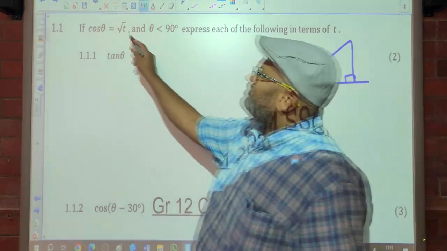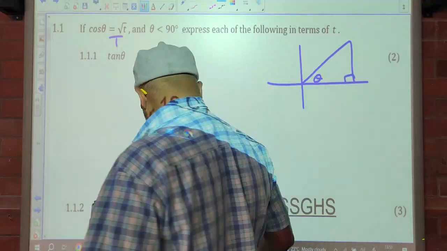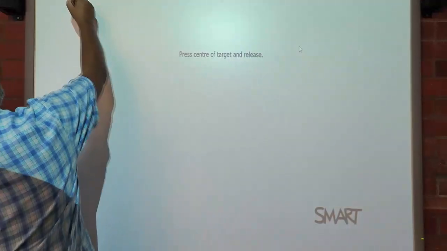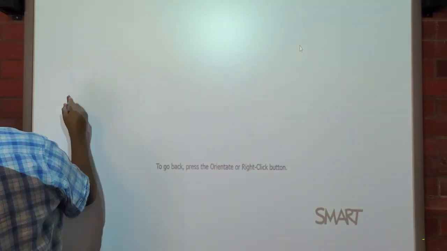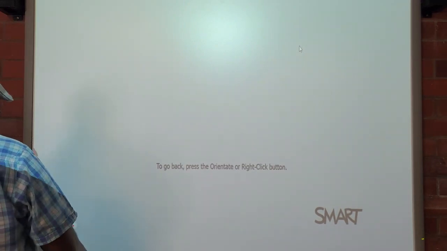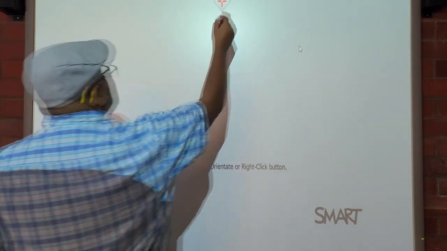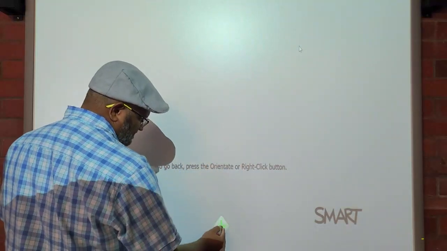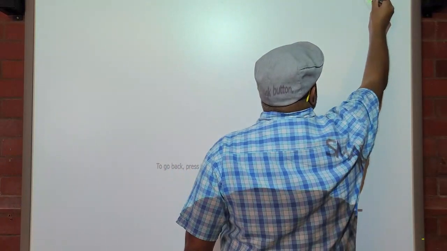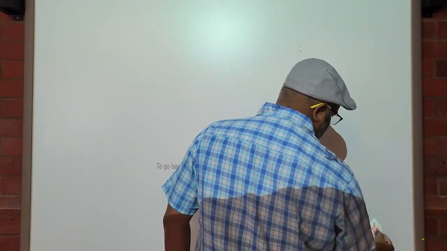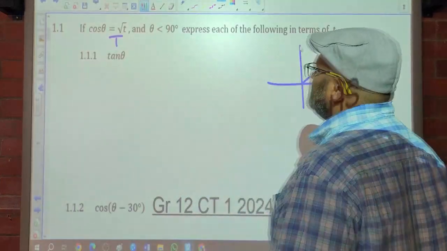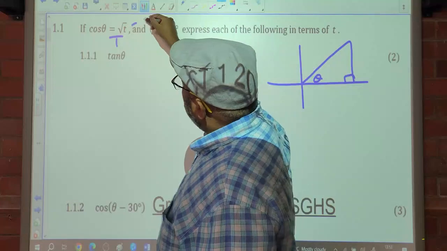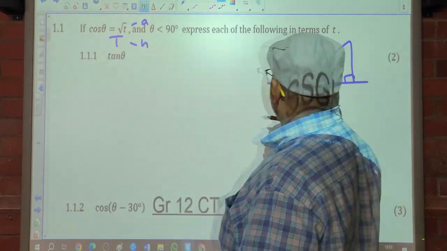What does cos stand for? Adjacent over hypotenuse. Okay, cos is adjacent over hypotenuse.